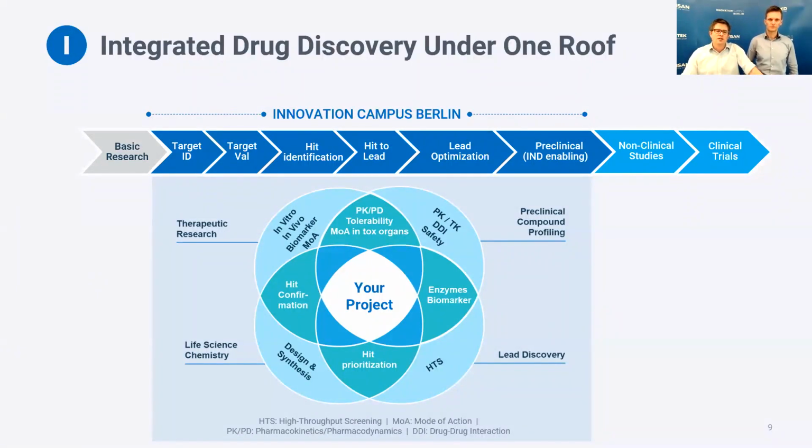But we are basically forming a cross-functional team around your project, and we are working together because there are a lot of overlap areas where you need a cross-functional team to really tackle all those potential questions which might arise. And I think that's one of our basic strengths which we have at Innovation Campus Berlin.